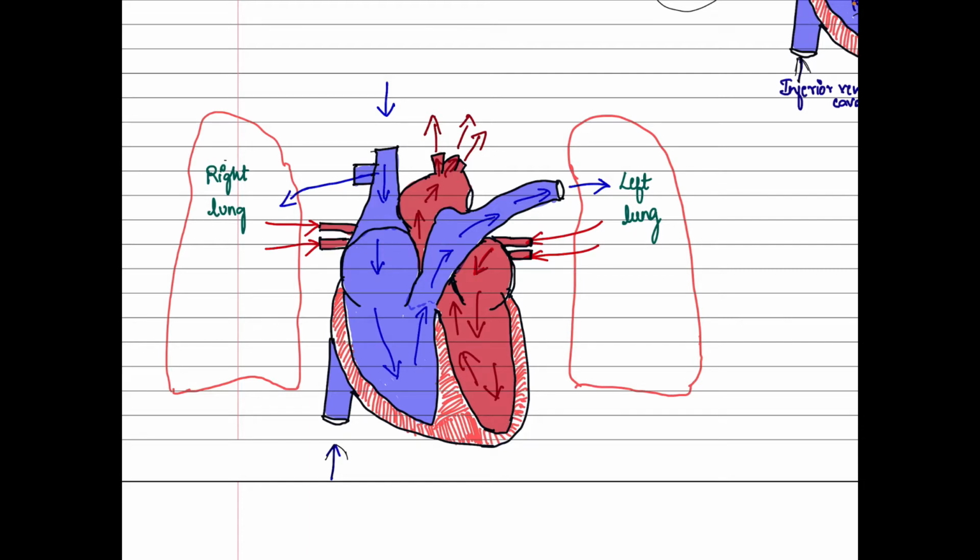Deoxygenated blood from the body is received by the right atrium from the superior vena cava and inferior vena cava.